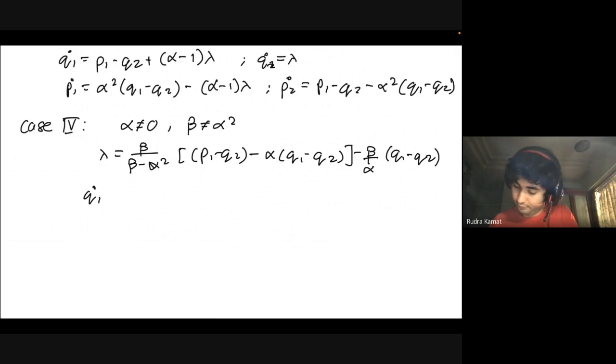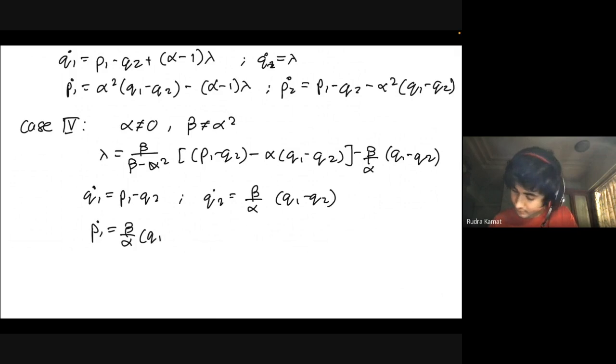And then the equations of motion: q1 dot is p1 minus q2. q2 dot is beta over alpha (q1 minus q2). p1 dot is beta over alpha (q1 minus q2). And finally, p2 dot is (1 minus alpha) over alpha times beta (q1 minus q2).